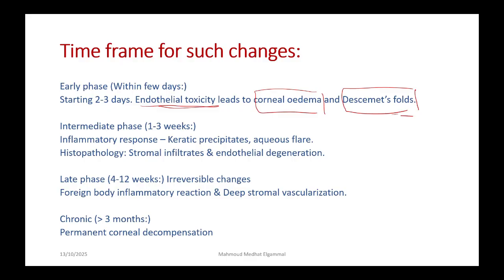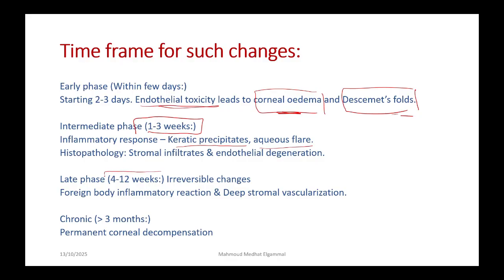If a patient underwent a vitreoretinal procedure with heavy liquid involved and is developing Descemet's folds or corneal edema, we need to look thoroughly into the anterior chamber. Within 1 to 3 weeks, there is an inflammatory response, keratic precipitates from the uveitis, aqueous flare from the uveitis, and as we mentioned, histopathologically there will be stromal infiltrates and endothelial degeneration.